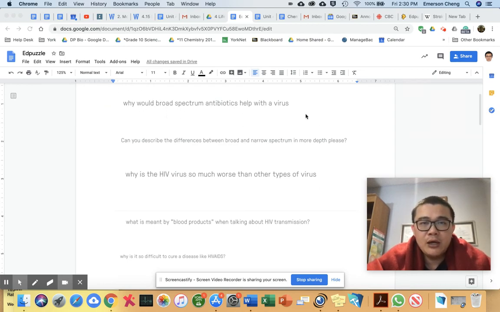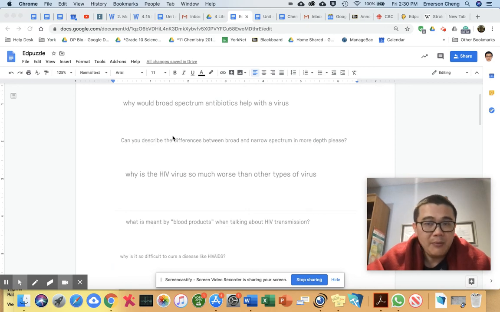So, why would it help with a virus? Can you describe the difference? Let's basically talk about broad spectrum versus narrow spectrum antibiotics. Broad spectrum antibiotics essentially kill a very broad group of bacteria.